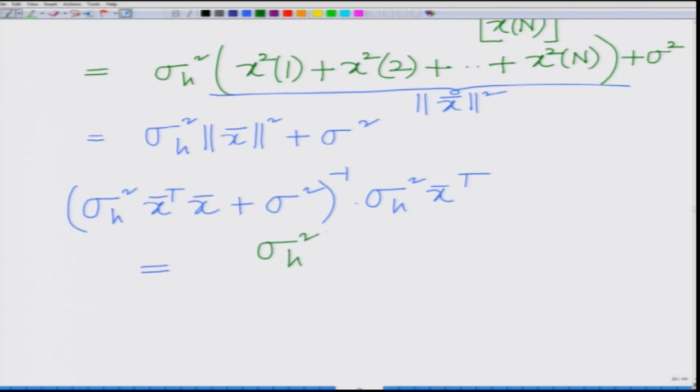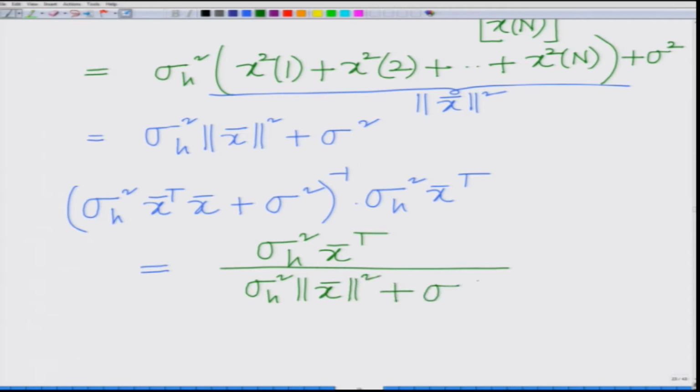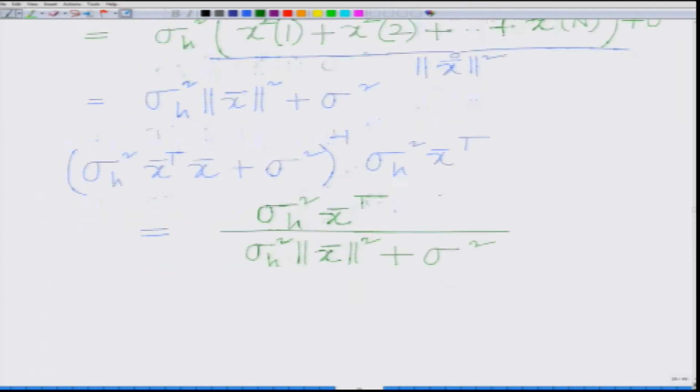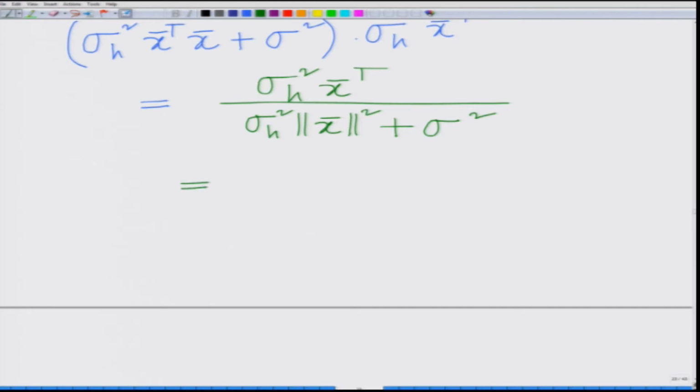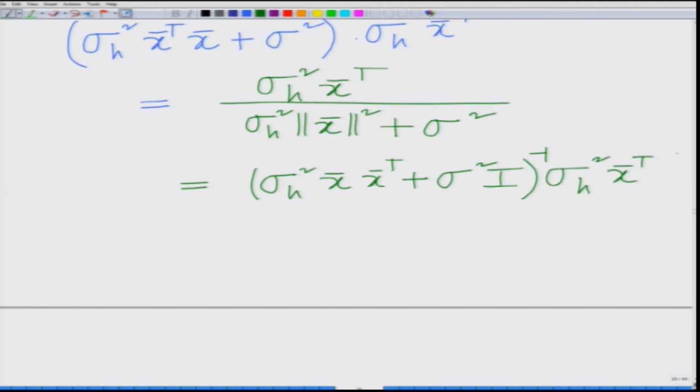So, this quantity is sigma h square x bar transpose divided by sigma h square norm x bar square plus sigma square. Okay. And therefore, this quantity is equal to sigma h square x bar transpose, plus sigma square identity inverse, into sigma h square into x bar transpose.